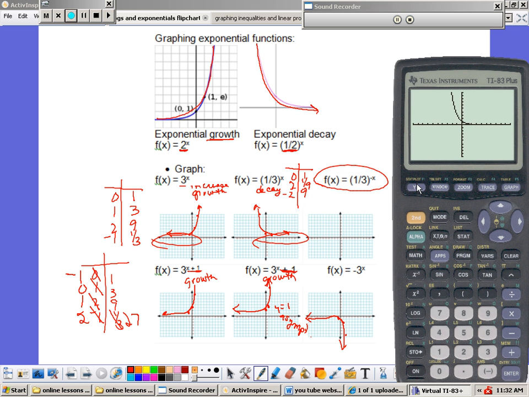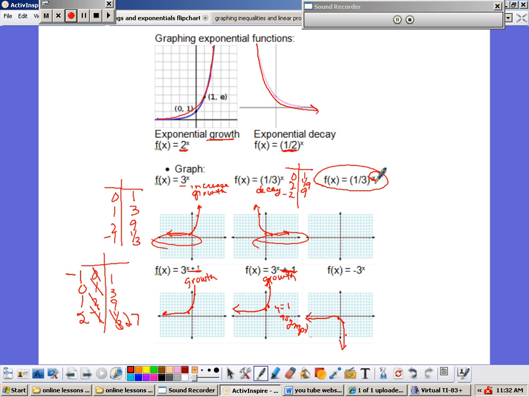Oh, it's not supposed to be 3. It's supposed to be 1/3. That would be a reason, too. 1 divided by 3 raised to the negative x. So it should be a decay because of the 1/3, and it flips to a growth. So what that negative does on the top is it makes it the opposite. So we have the regular growth happening. Back to this equation is this equation.